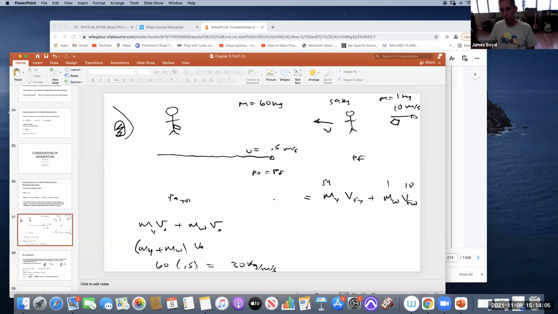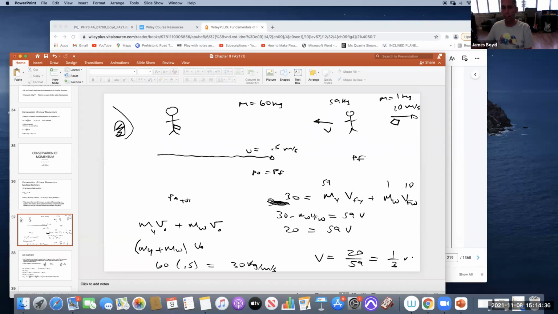And we'll go through this more, but so we get 30. We want to find what your velocity is. So 30 minus 10 is 20. So 30 minus the mass of the wrench times the final velocity of the wrench is equal to 20. 30 minus 10 equals 59 times V. So V is equal to 20 divided by 59, which is a little bit less than a third.